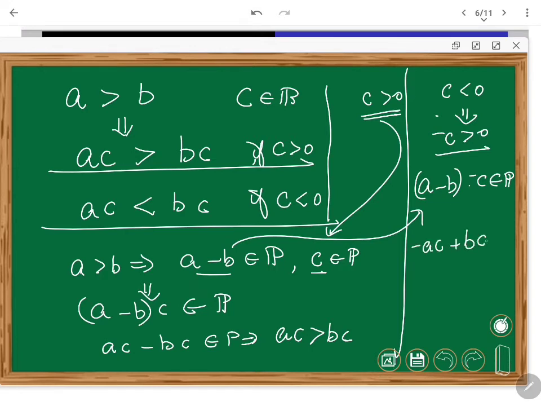Because of the field property, this is going to be inside P. It says that BC minus AC is in P. On the other hand, AC is going to be less than BC. That's all. BC minus AC is in P means equivalently BC is greater than AC. So that's also compatible with the structure. So this is how multiplication as well as addition behaves with the order relation.